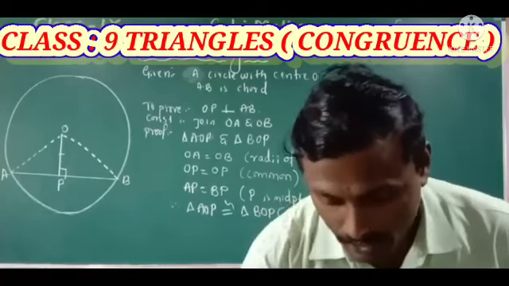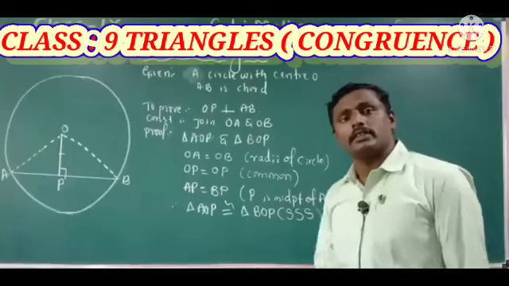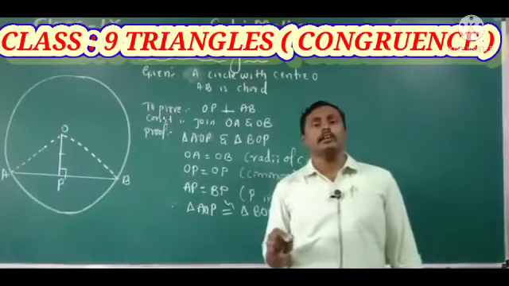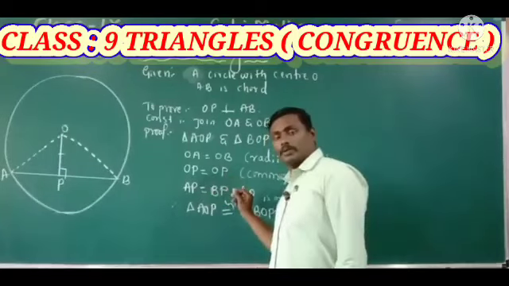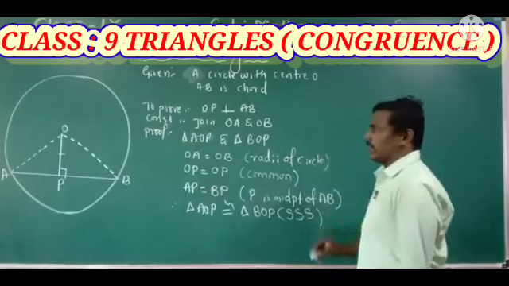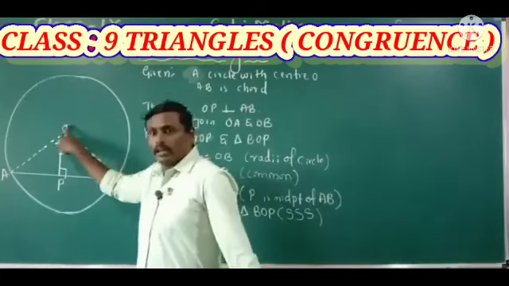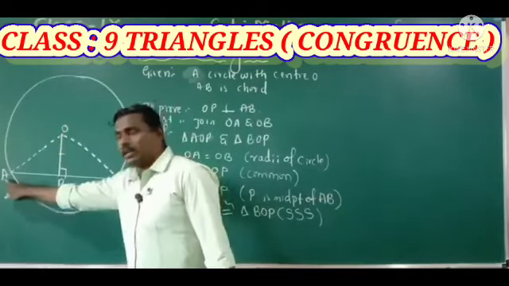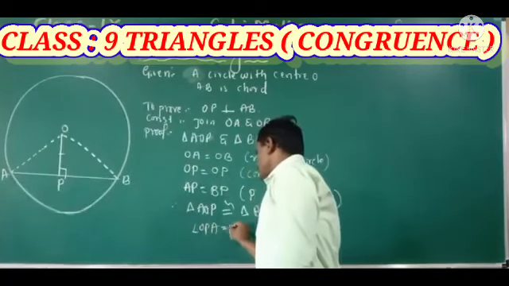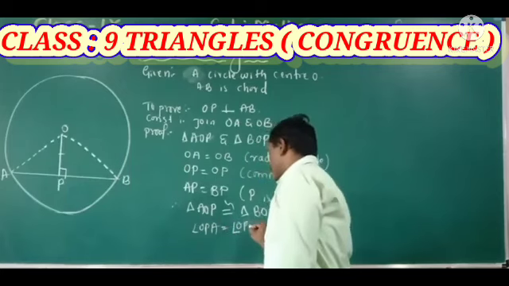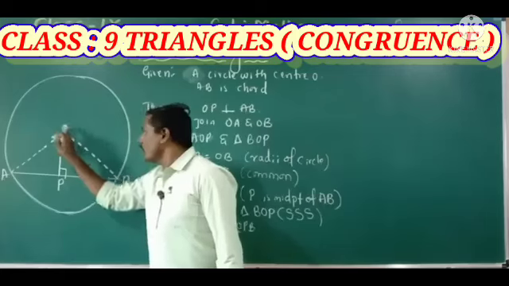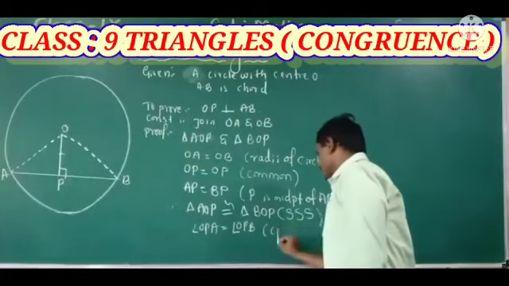Once we prove that the two triangles are congruent, the remaining corresponding angles and sides are equal by CPCT, corresponding parts of congruent triangles. Therefore, angle OPA is equal to angle OPB by CPCT.